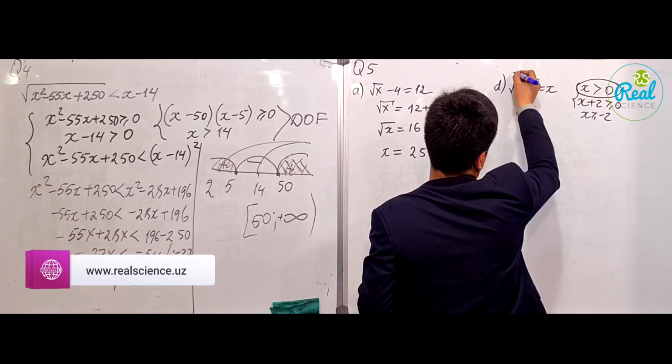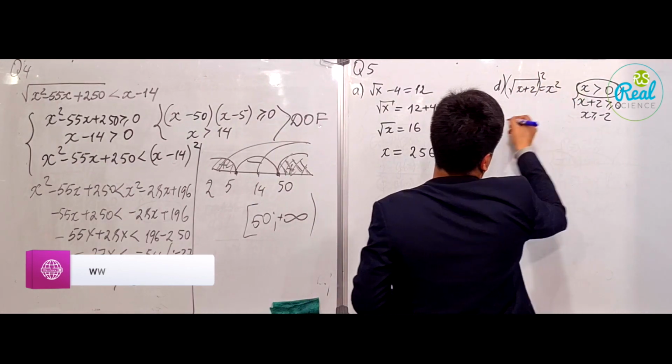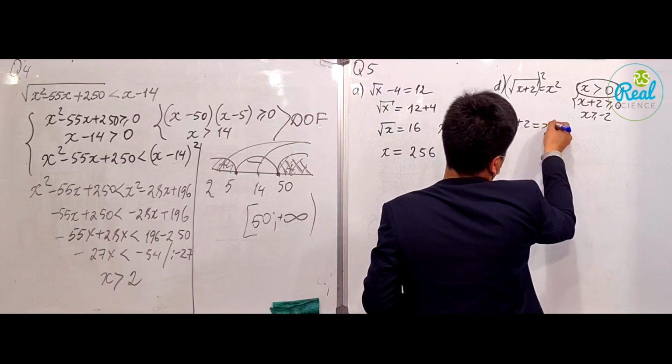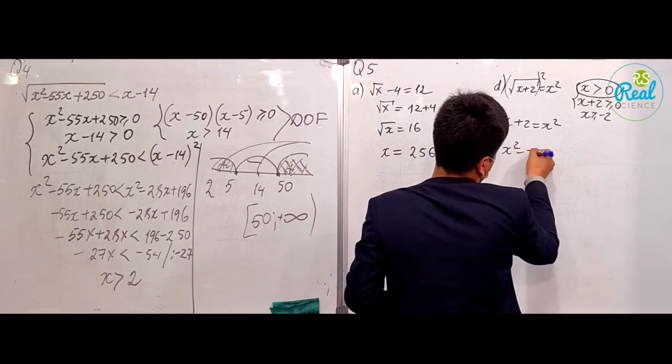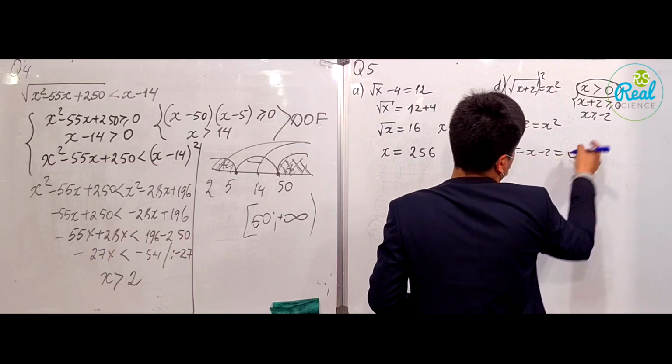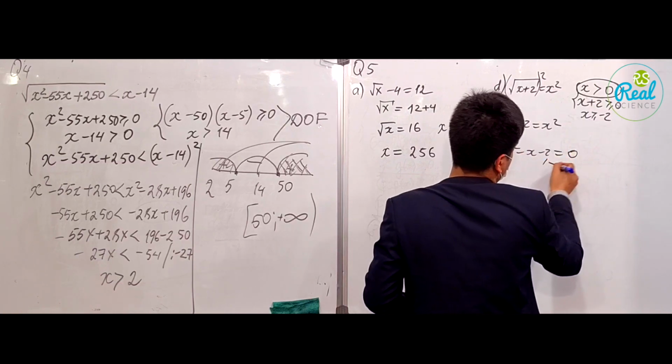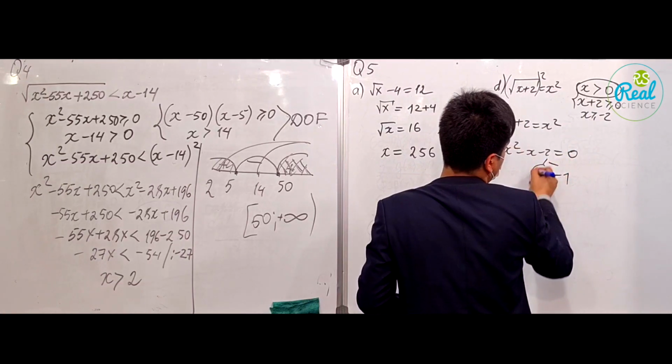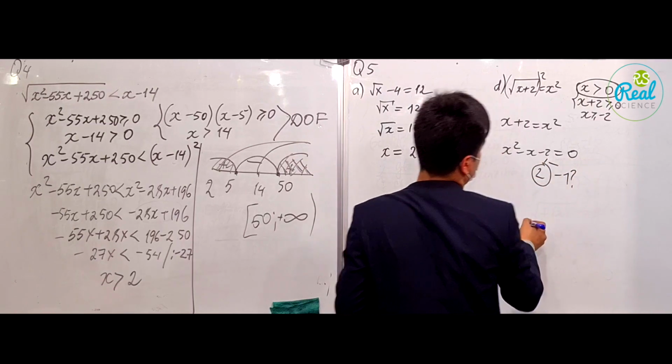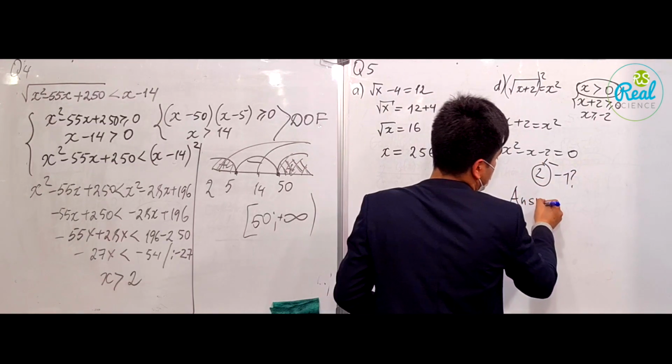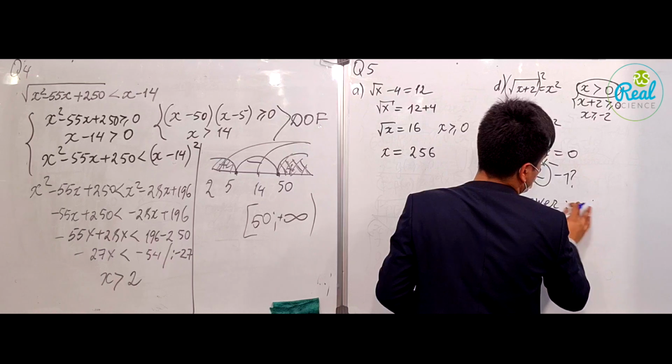In this case, when we raise to the second power and solve this, our answer must be positive. 2 and minus 1: 2 is the answer, minus 1 is not. Yeah? The answer is 2.